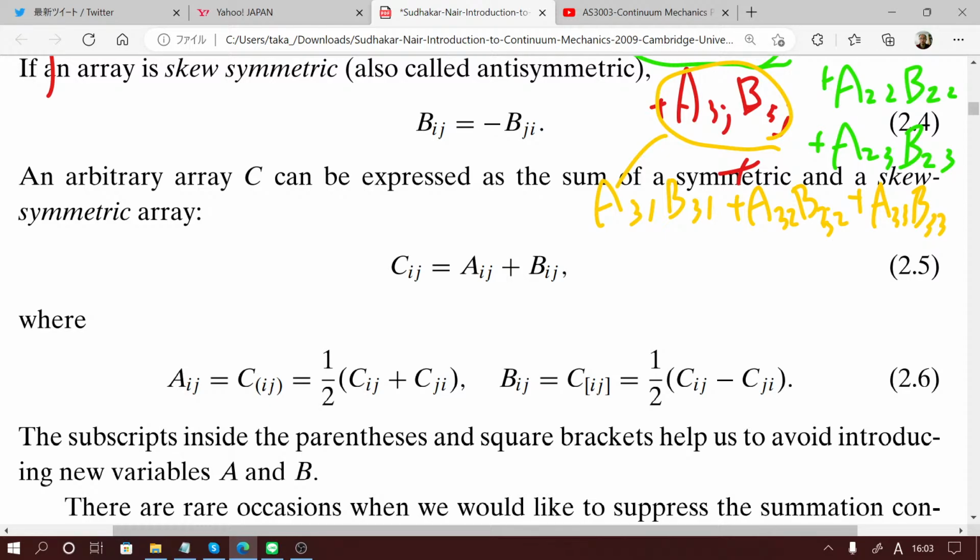Bij equal C square bracket ij is 1/2 Cij minus Cji. The subscripts inside the parentheses and square brackets help us to avoid introducing new variables A and B.